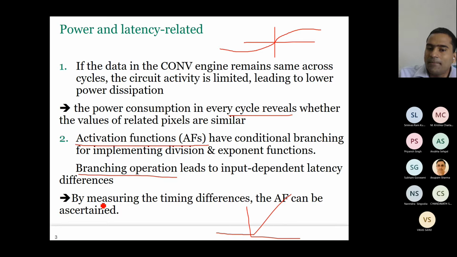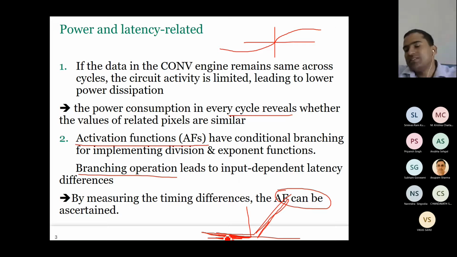So by measuring the timing difference, you can find out which activation function was there because of the branching. For example, if the input is positive, then you will have this output, and if the input is negative, then you have this output. For negative values, the output is 0.